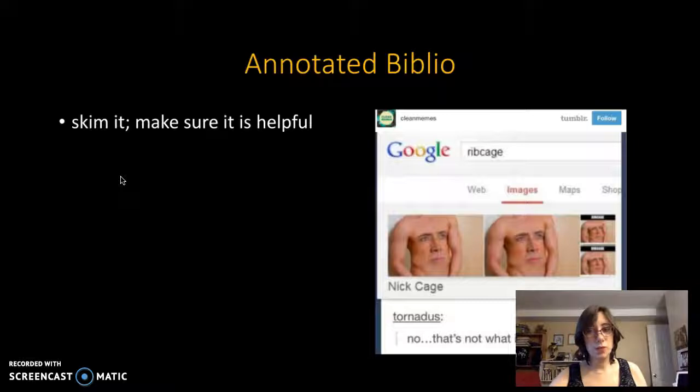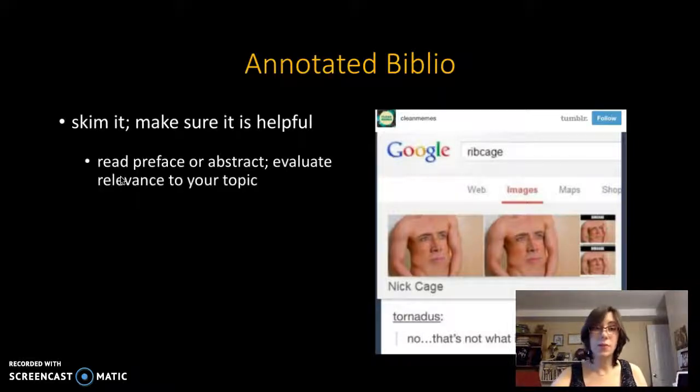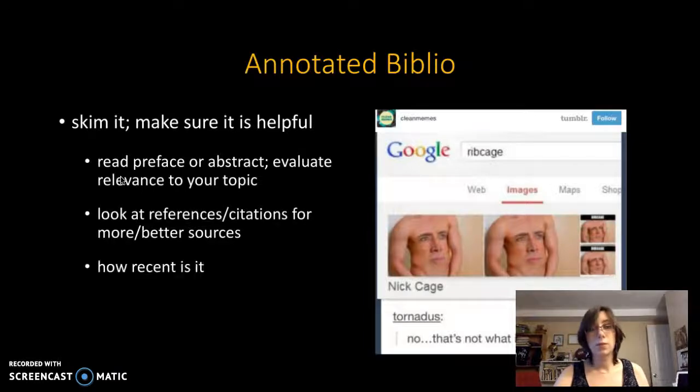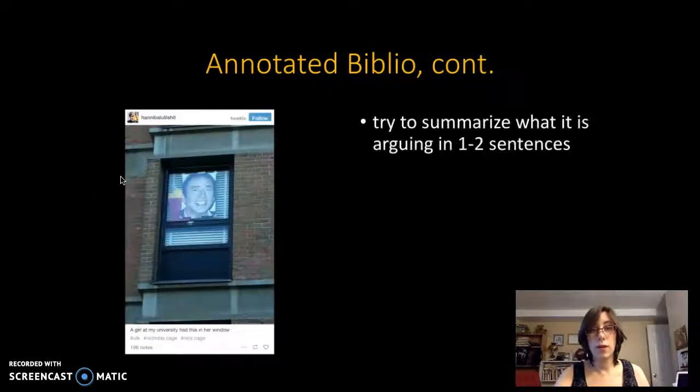So make sure you skim the source, make sure you have already evaluated that it's going to be helpful. And then basically, I want you to give the source in MLA format. And then I want a lengthy-ish paragraph, where you first try to summarize what your source is arguing in at least 1 to 2 sentences.